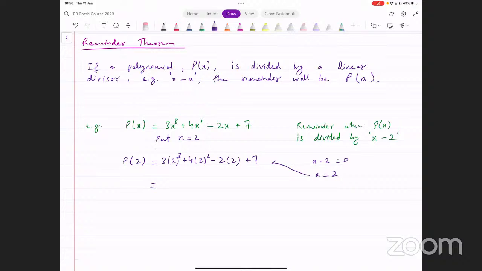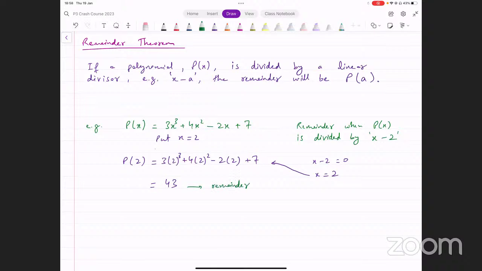Sir, I think 43 comes. 43. Okay. Yes, sir, 43. All right, so this is your remainder. So if you were to divide this polynomial by x minus 2, the remainder would be 43.